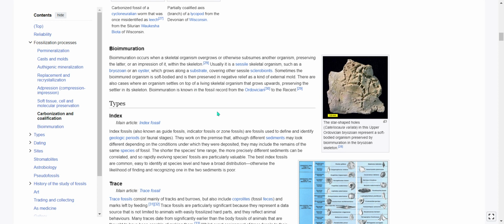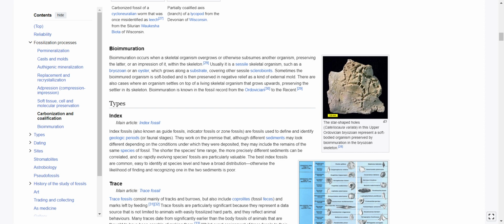Usually it is a sessile skeletal organism, such as a bryozoan or an oyster, which grows along a substrate, covering other sessile sclerobionts? I don't know. Sometimes the bioimmured organism is soft-bodied and is then preserved in negative relief as a kind of external mold.